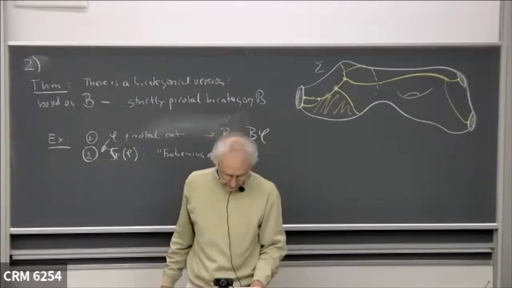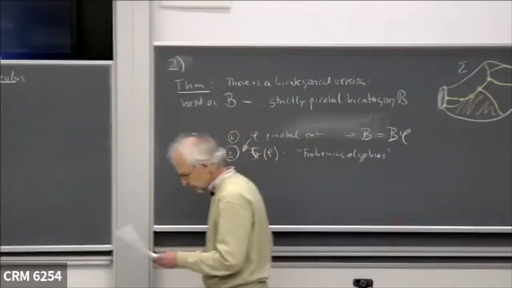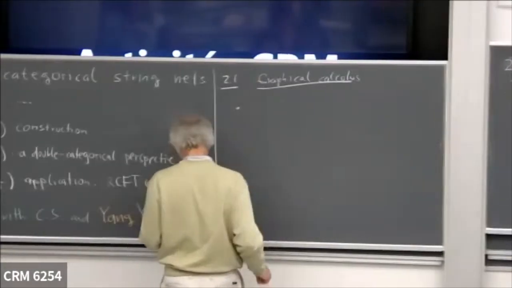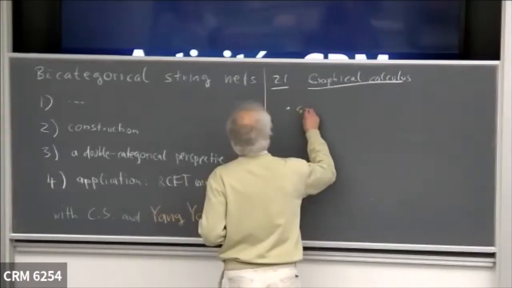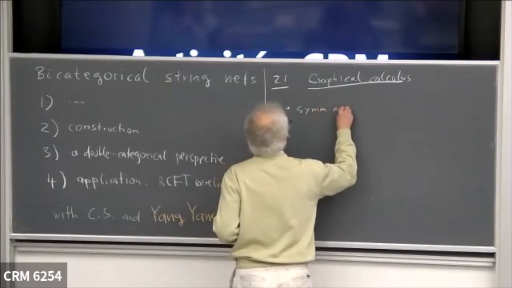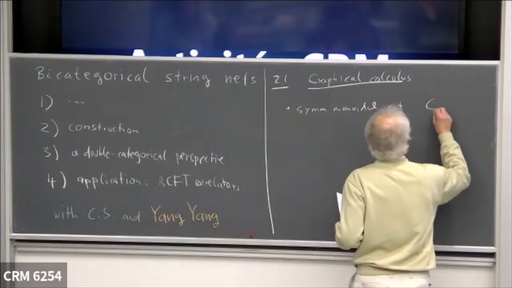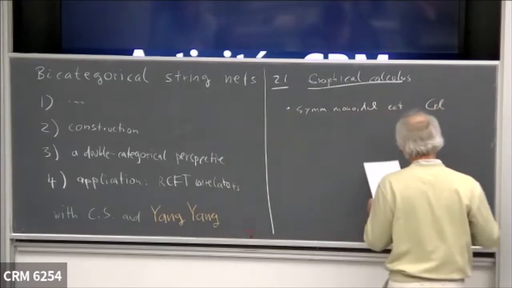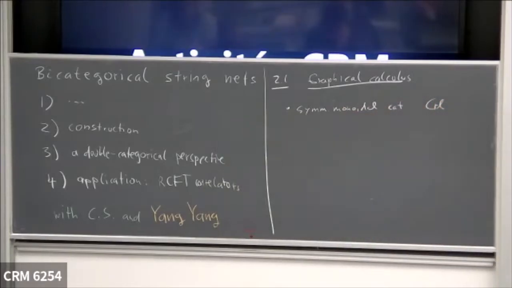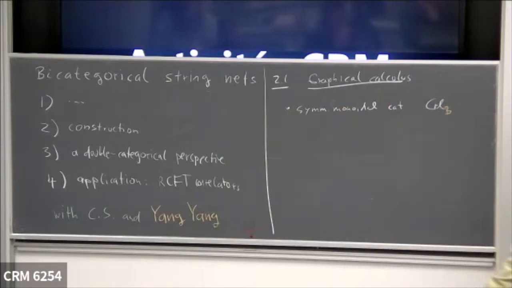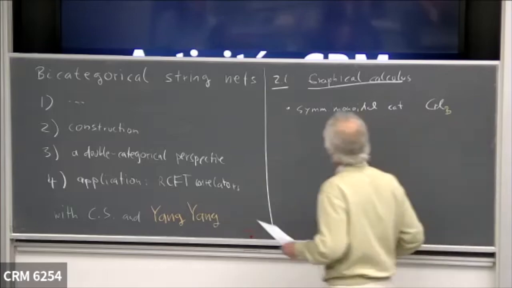And the way we do this is that we define a certain symmetric monoidal category, which I call CRL, that stands for corolla, with an implicit index B, but for now I will keep the bicategory B fixed, so I will not write the index all the time.